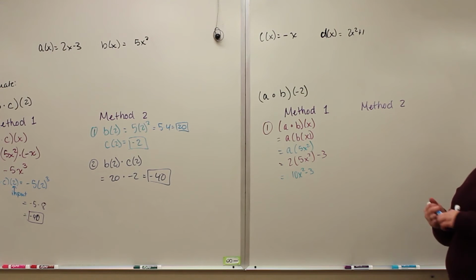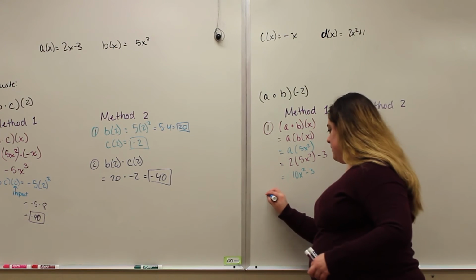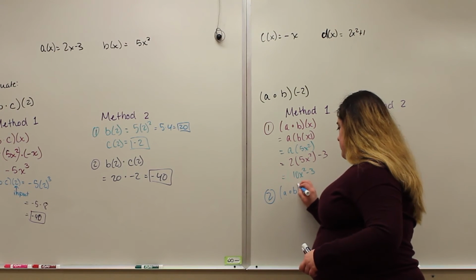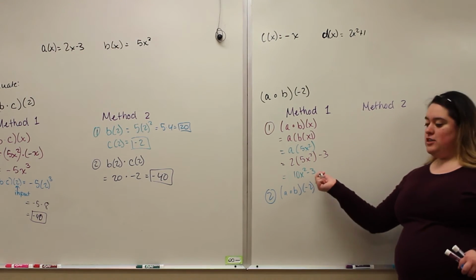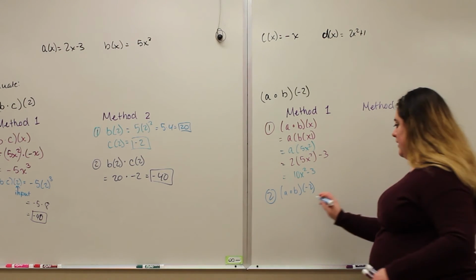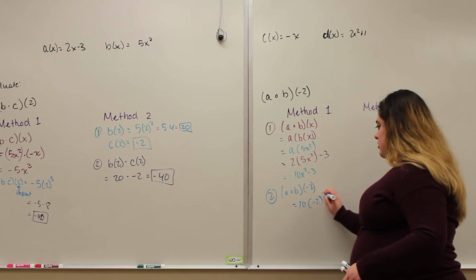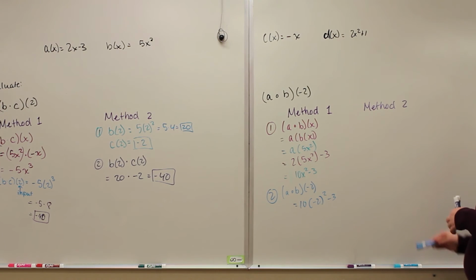Now that I have my function, I can take the negative 2 and plug it in. So A compose B of negative 2. Taking the negative 2 and plugging it into my brand new function here, I get 10 times the negative 2 squared minus 3.